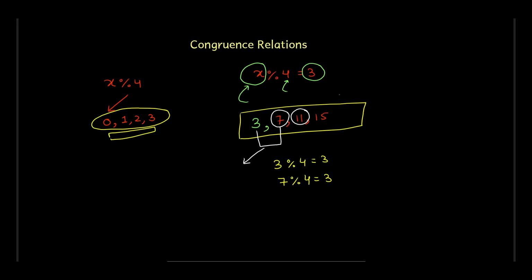But in what world? So for that you define a notation. You say 3 is equal to 7, but this time we are adding a new notation for equal because 3 cannot be equal to 7 without a context. And the context is that we are saying that 3 is equal to 7 in the world where you treat all numbers modulo 4.